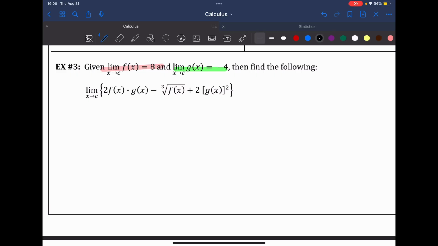So first what I'm going to do is use all my properties, and I am going to take the limit of each part.